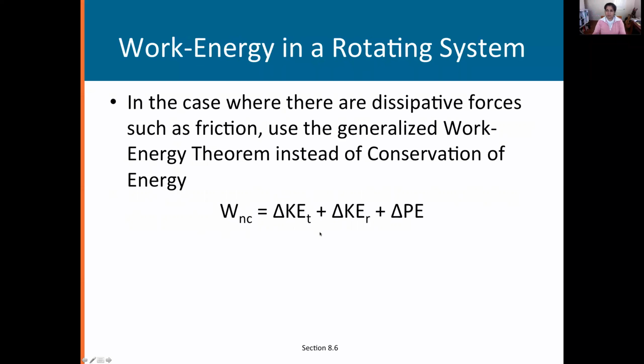So some energy has to be expended to do the work. So that's the change in kinetic energy plus the change in potential energy. Now the kinetic energy could be translational, could also be rotational. So we've included this rotational term here. This is the new term that we included because we're now considering rotation as well as translation.